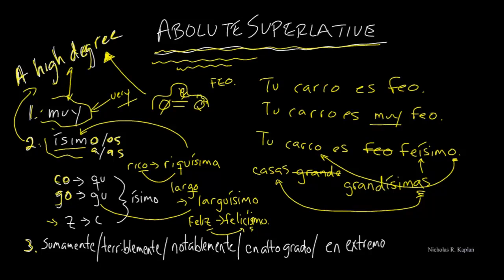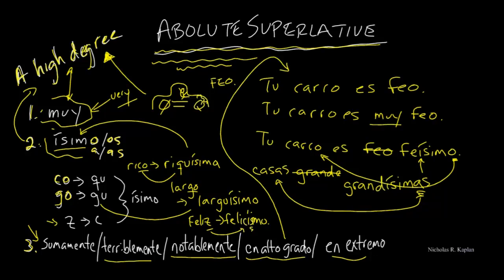Number 2, ísimo. Number 3 is we can use one of these words. Sumamente means extremely. Terriblemente means terribly. Notablemente means notably or remarkably. And then we have en extremo, in the extreme, and en alto grado, to a high degree. So let's go back to my car example.